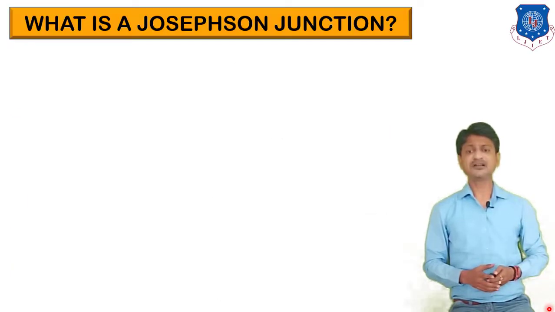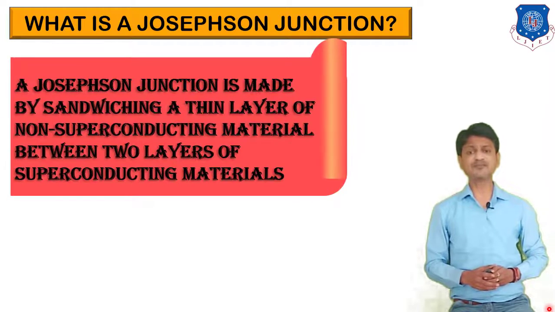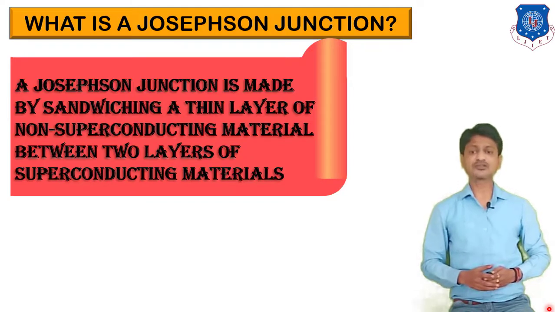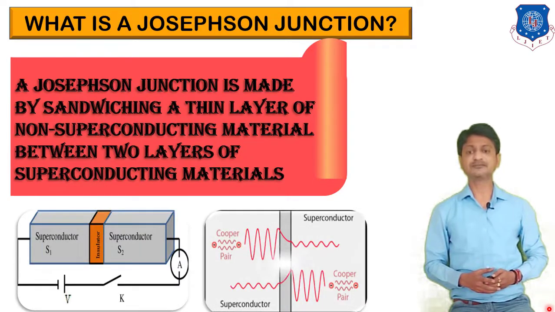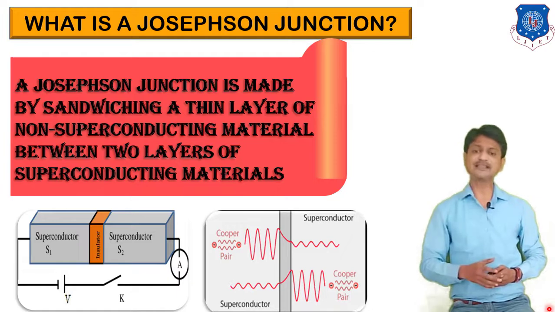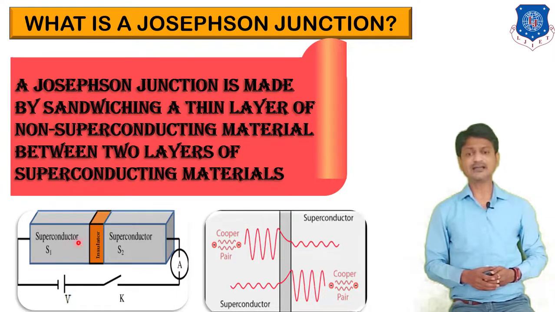Now, let's see what is a Josephson junction. A Josephson junction is made by sandwiching a thin layer of non-superconducting material between the two layers of a superconducting material. You can see in the figure that here two superconductors are S1 and S2.